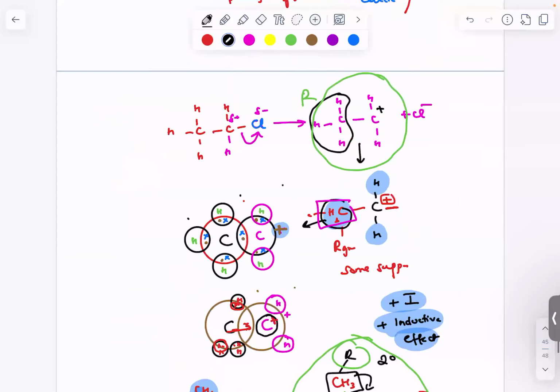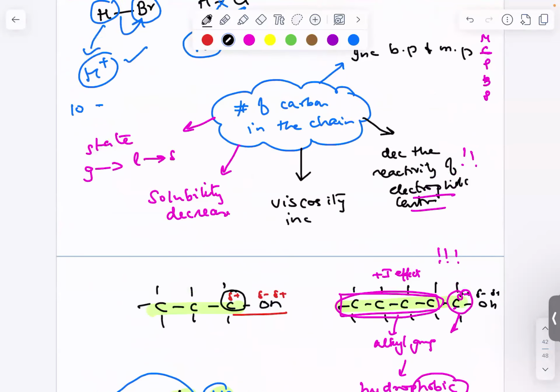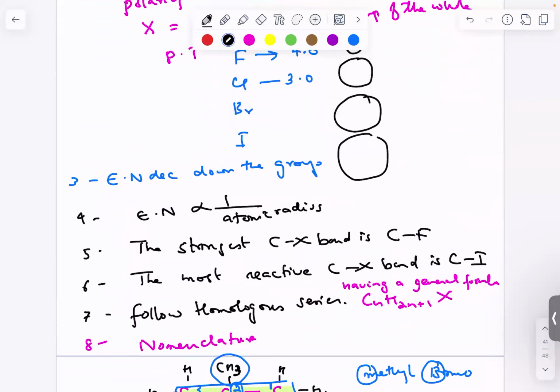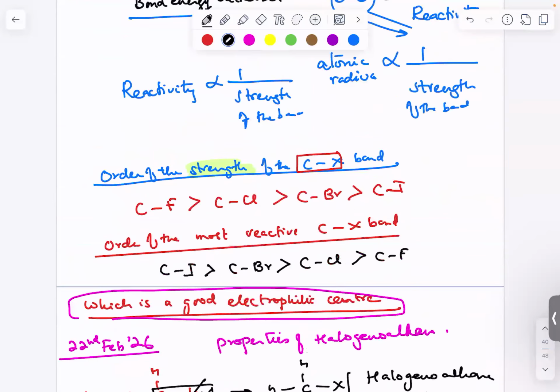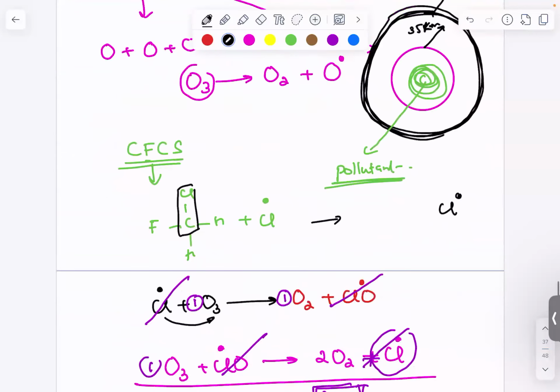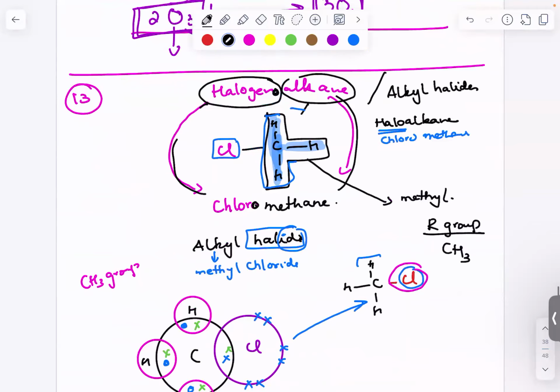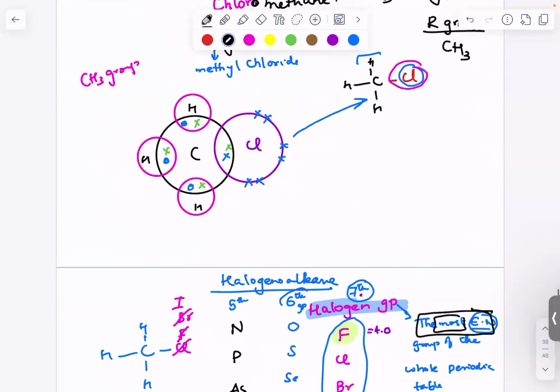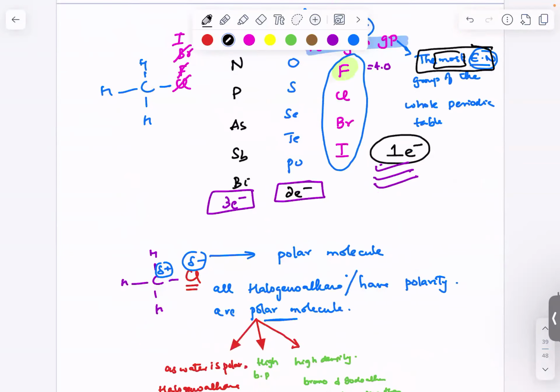Halogenoalkane. No, better look. We have done halogenoalkane. We did this. It's all about the properties.